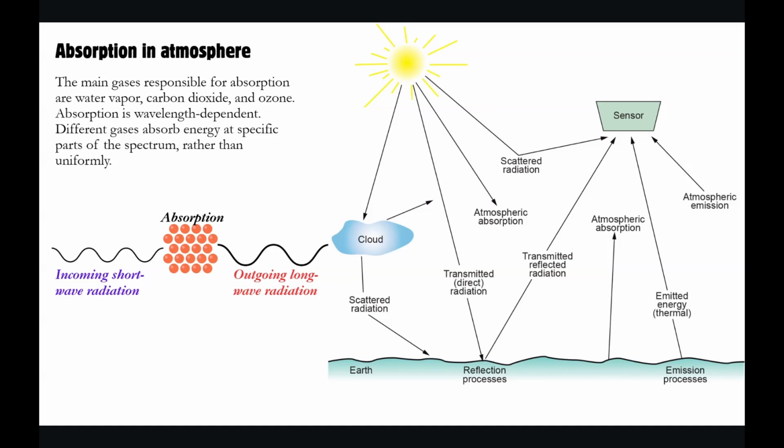Okay, so remember these processes. What are those? Reflection, absorption, transmission, that is refraction. Some of us use this word refraction or transmission, and then absorption and emission. So these five processes you have to know. These are the five processes that are occurring, because of which remote sensing becomes possible.